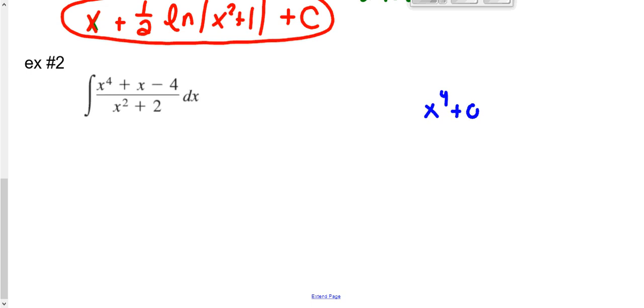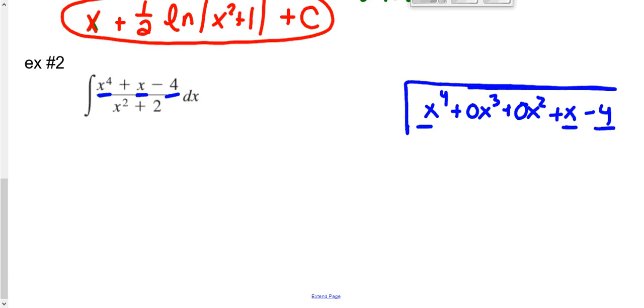So we have a 0x cubed plus a 0x squared. And then we have an x term, it's just plus x, and minus 4 are already in the problem. So x to the 4th, x, and -4 are there. I just put in zeros for things that I was missing because it helps us keep everything straight when we're dividing. We are dividing by x squared plus 2.